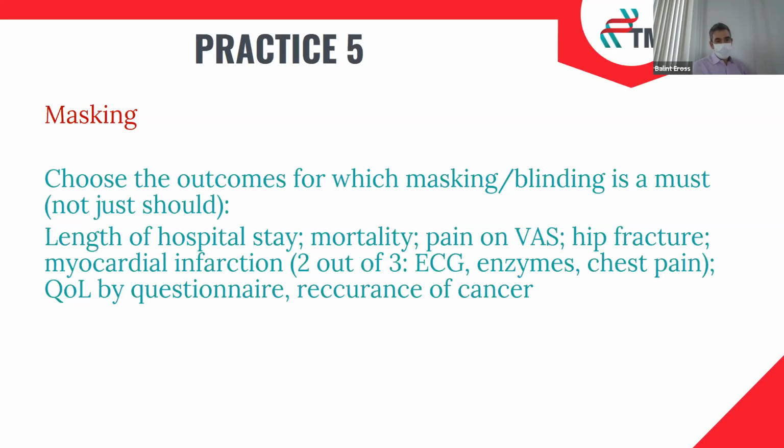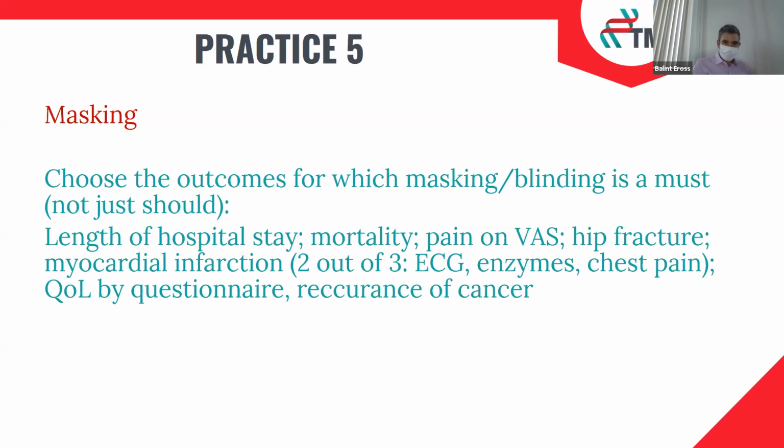But for any other outcomes, we think that masking or blinding is essential to measure accurately, because length of hospital stay can be heavily influenced, for example, if you know the patient takes an experimental treatment or is on the control treatment, depending on your preference. Anyway, this is a good topic to discuss in the coffee break.